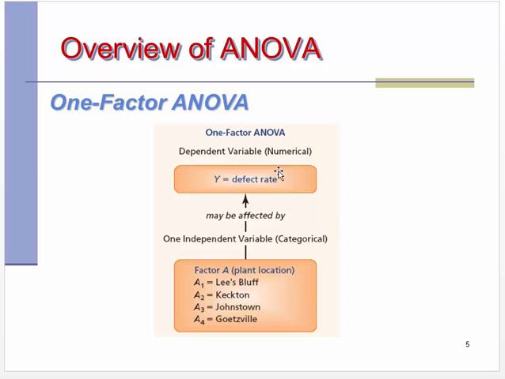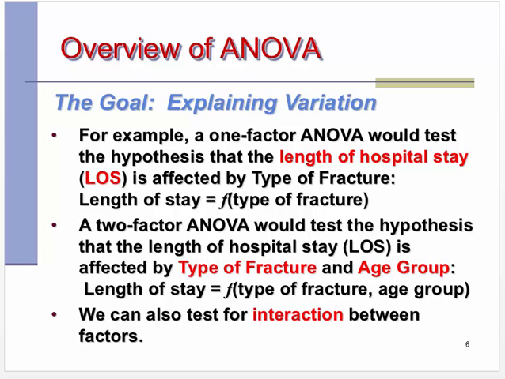So the defect rate here, y, is a dependent variable, is numerical, and that may be affected by, we're speculating, one independent variable. One independent variable that's categorical in this case is just plant location. This will be an example of a one-factor ANOVA. This is a dependent variable. These are the factors.